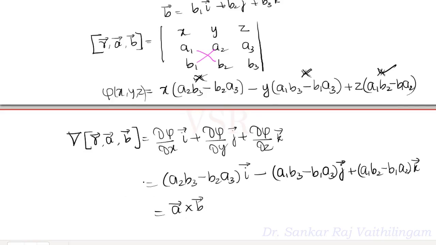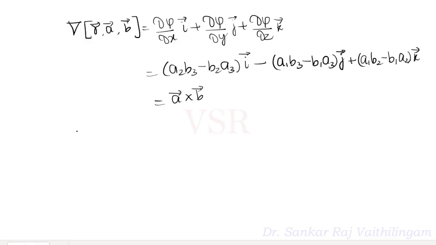So we have proved that the gradient of the triple product r vector, a vector, b vector equals a vector cross b vector. That's all. In the next video we will see how to find the equation of the tangent plane and the equation of the normal line to the surface at a given point. Thank you.